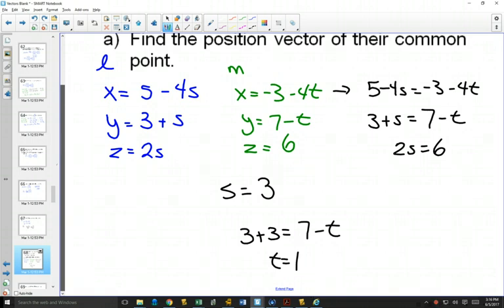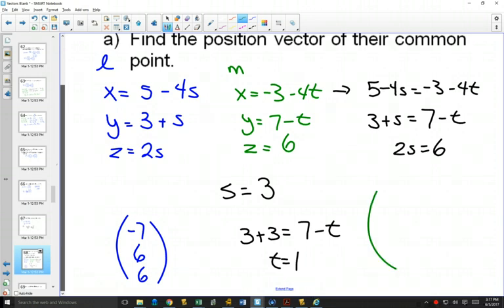And once I know that s is 3 and t is 1, I can use either of my equations to figure out what x, y, and z are. If I was using my blue equations here, and I plug in 3 for s, can you see that I would get 5 minus 12, negative 7. 3 plus 3, 6. 2 times 3, 6.